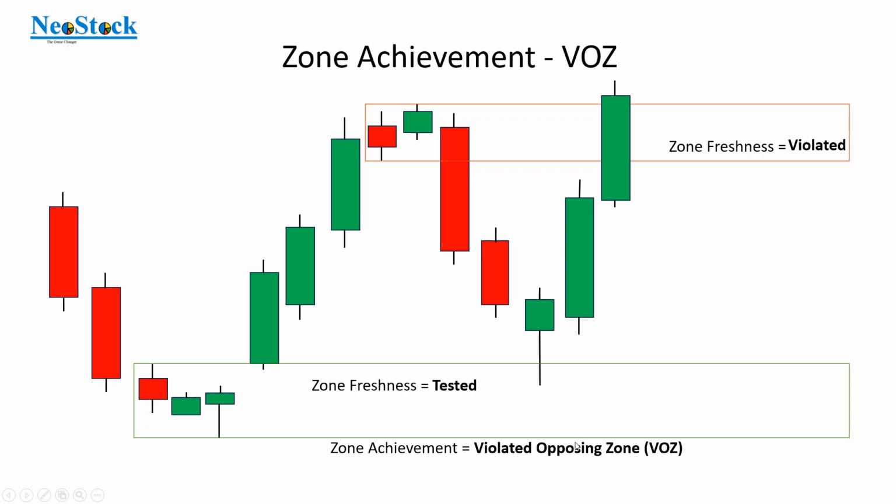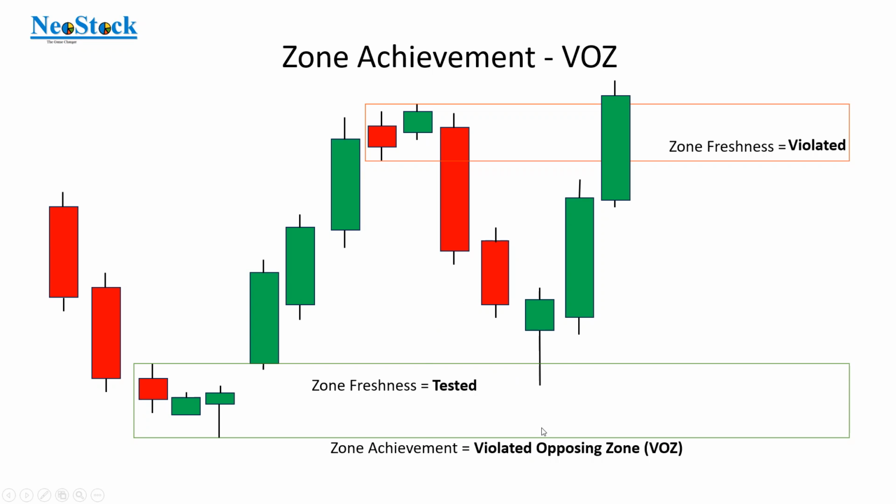It gets an achievement. See, I have given 3 examples so far: 2 examples related to the demand zone and 1 example related to the supply zone. When a demand zone is violated, the supply zone gets the zone achievement. When a supply zone is violated, the demand zone gets the zone achievement. Which demand zone?